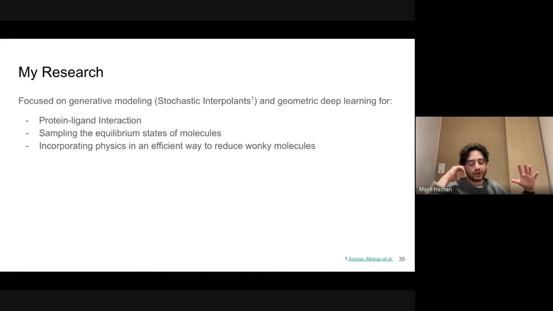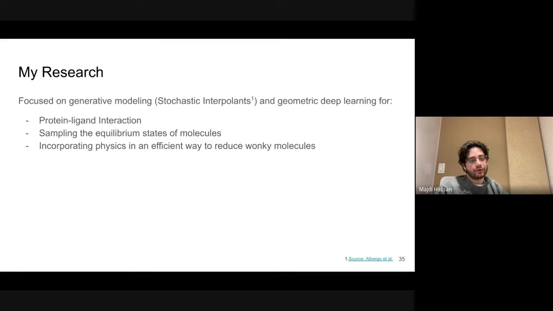But I really like this paradigm where we have these generative processes that are very much like actual real physical processes, right? And I'm combining that with geometric deep learning for all these different areas, like protein ligand interaction, sampling equilibrium states of molecules, and incorporating physics in an efficient way to reduce wonky molecules, like those molecules I was talking about with the generative models earlier, trying to produce more realistic ones that obey physical laws, but we don't have to pay the price of physical laws.